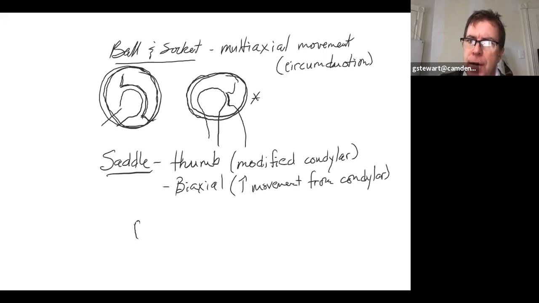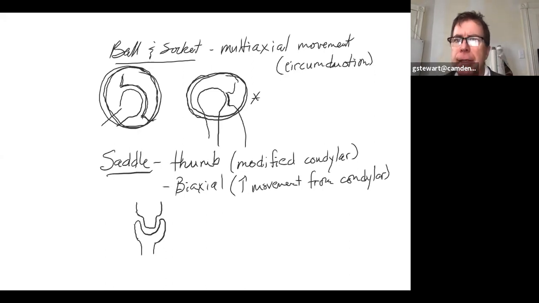So there's this U-shaped structure on the end of one bone and a pin almost that sits in like this. And where we find it is the base, the proximal end of the thumb at the metacarpal, that first metacarpal.